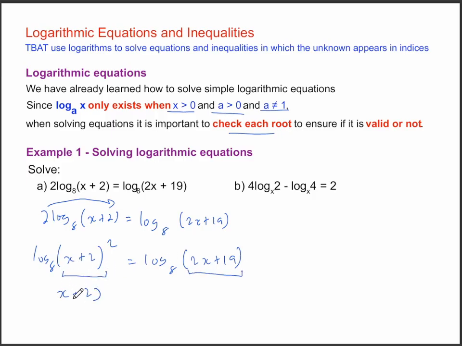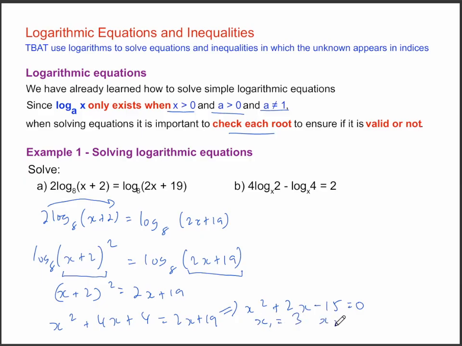So (x plus 2) squared equals 2x plus 19, which is x squared plus 4x plus 4 equals 2x plus 19, which gives us x squared plus 2x minus 15 equals 0. Then we can solve this and we get x1 to be 3 and x2 to be negative 5.